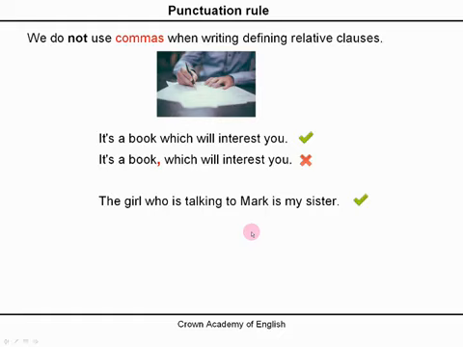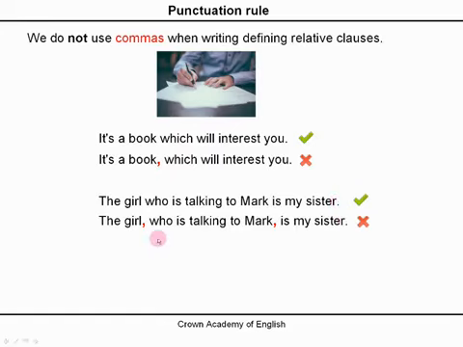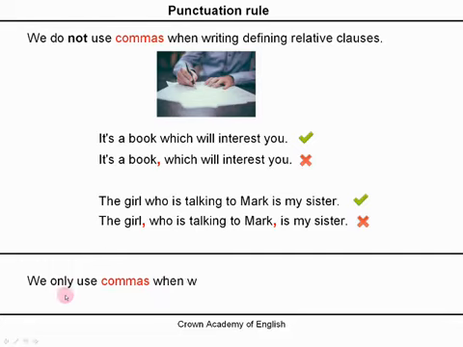The girl who is talking to Mark is my sister. And so that is correct. But with two commas, it is wrong. So we do not use commas when writing defining relative clauses. However, we only use commas when writing non-defining relative clauses.